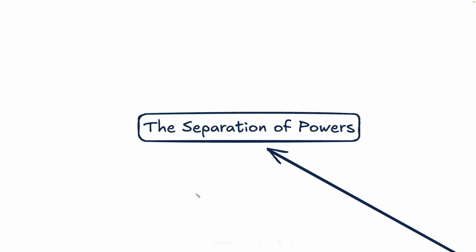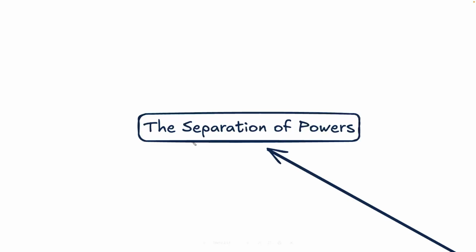One of the reasons why this is so important is so that no one person or single institution can become too powerful and establish themselves as a dictatorship, a formal dictatorship or a totalitarian state.